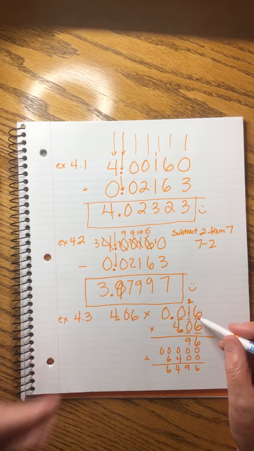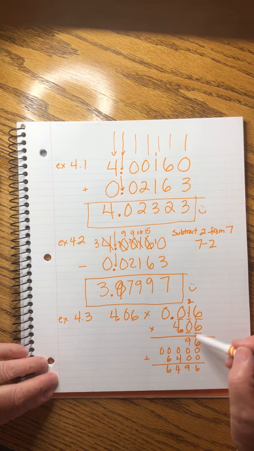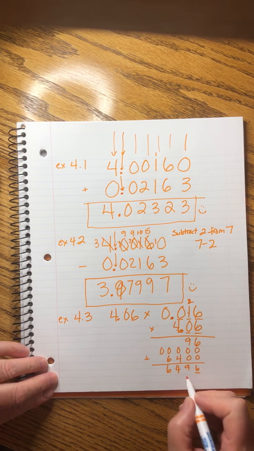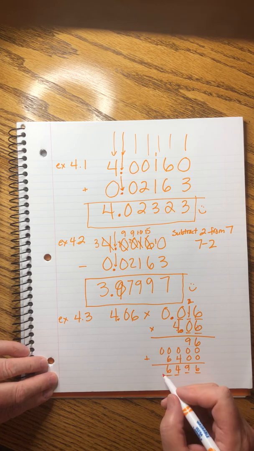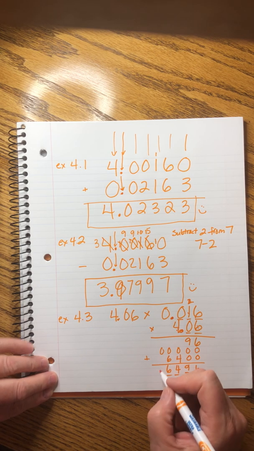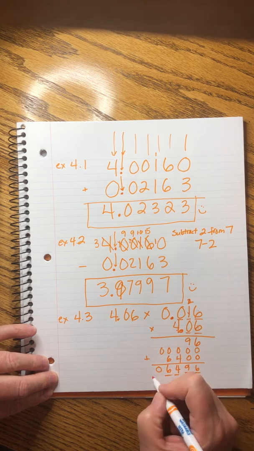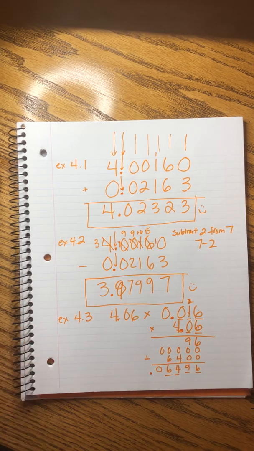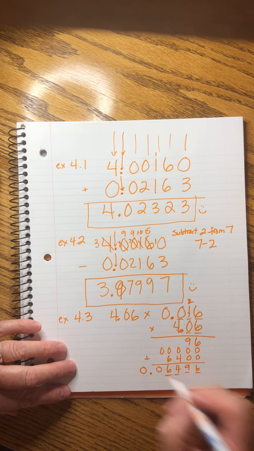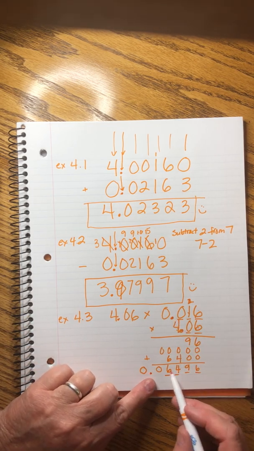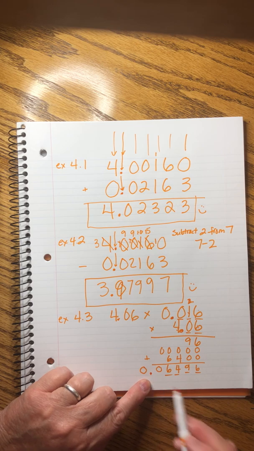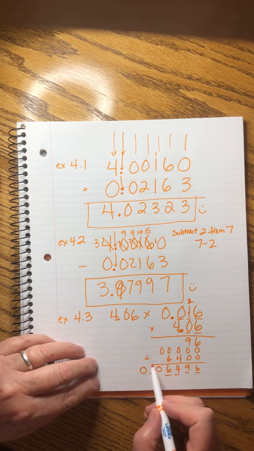Now we have to put in our answer 5 digits behind the decimal place. 1, 2, 3, 4. What the heck? We can't put the decimal there because then only 4 would be behind. We add another 0. We put in the decimal. And if you're feeling fancy and you want to put a 0 out front, you can. But the important thing is that 5 places are behind the decimal in the answer.